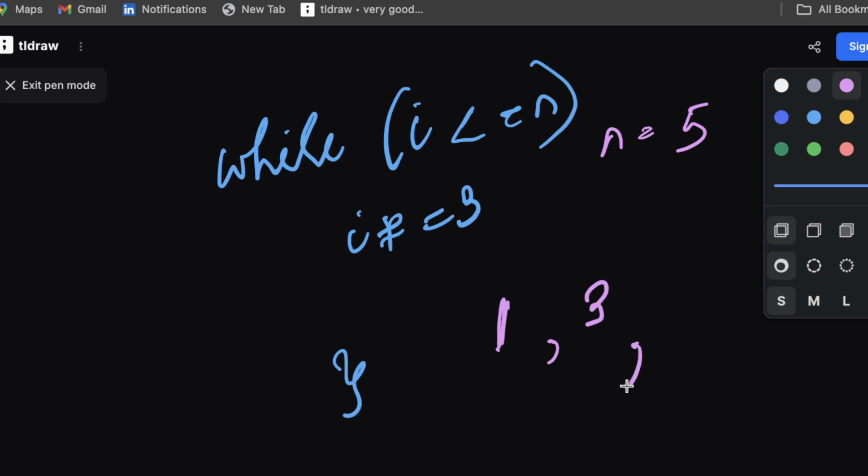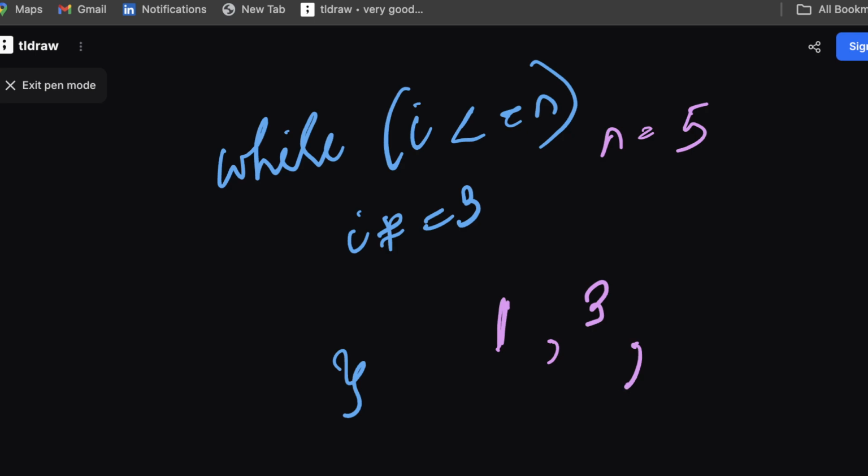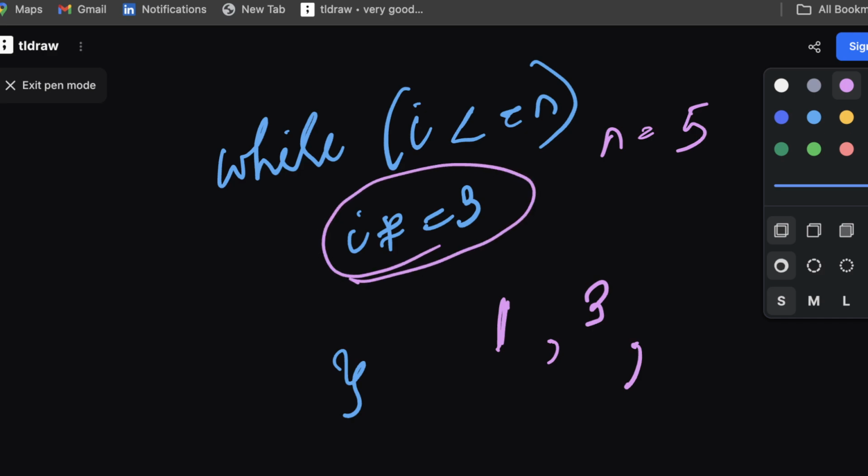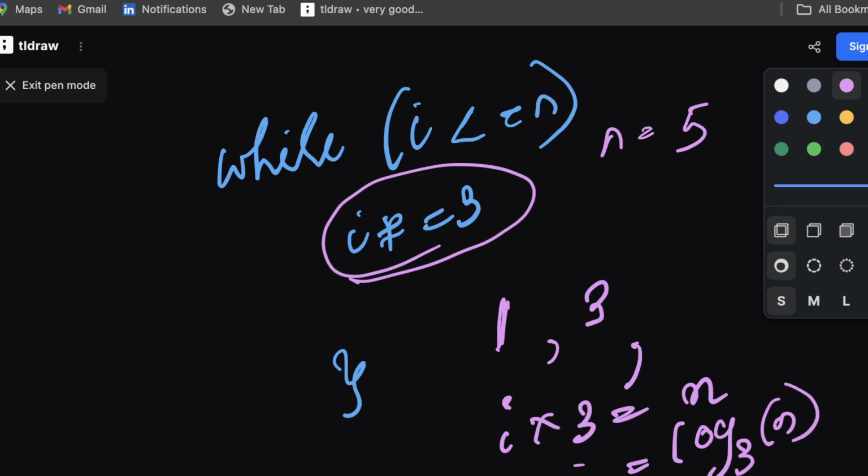There's no halving happening here. Although, I guess what is going to happen here is this is controlling the loop, right? So it can be said i into 3 is n, and then when you solve for i, this is going to be log n base 3.